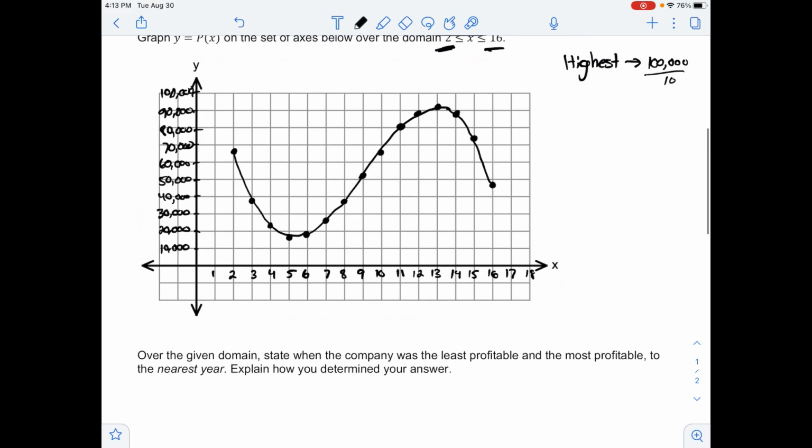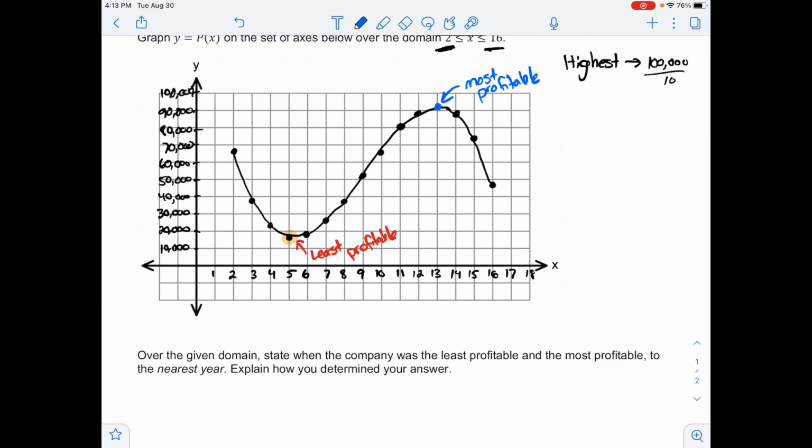Looking at this here, I'm saying at year 5, this is the least profitable. That's the lowest value. And right here, to the nearest year, is the most profitable.